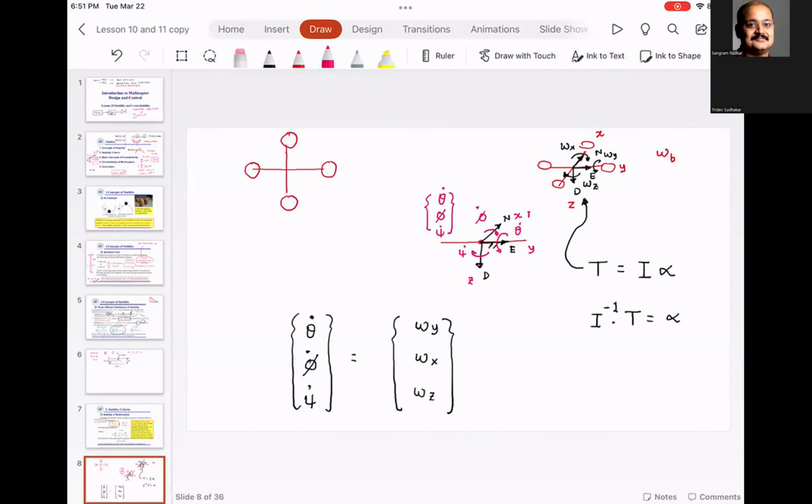And what is alpha? Alpha is nothing but omega dot. Now I actually wrote it slightly differently. So I would just write this like omega y, omega x, omega z dot.